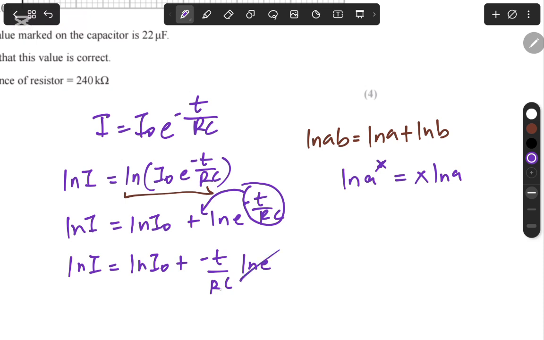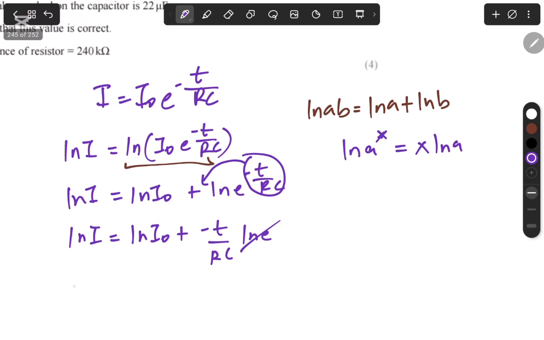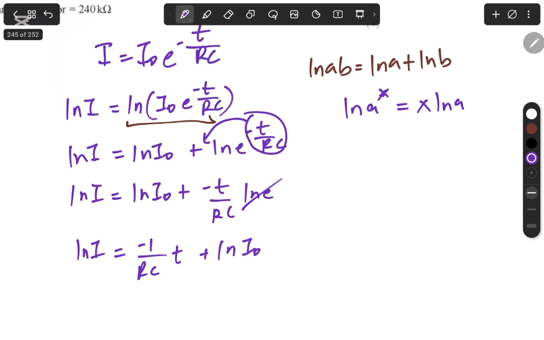And then ln e is going to cancel out because ln e is equal to 1. Okay, and then we're going to get ln I equals minus t. You can write it like this, plus ln I naught. Okay, so I've written the t and minus 1 over RC separately.